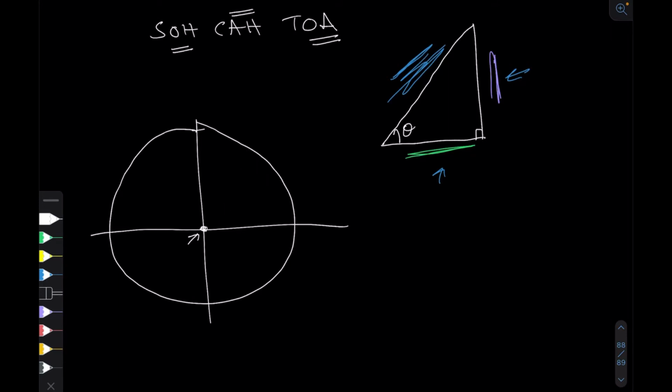All right. So let's say that I'm walking around the unit circle, so I'm actually walking on the circumference, right? So let's say I walk 30 degrees, I end up over here. This will be some point. This is 30 degrees.